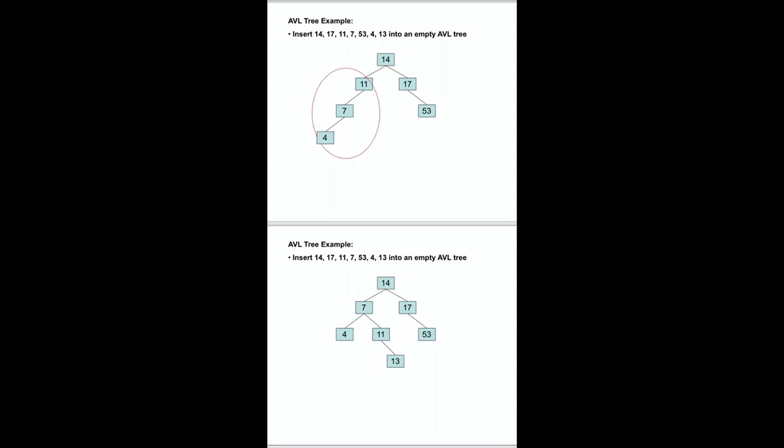In this example we have seen that 11 is not balanced, so we use left rotation to balance the root node 11. Now we can see that we have used left rotation to balance the root node, and we are inserting 13 into the tree.